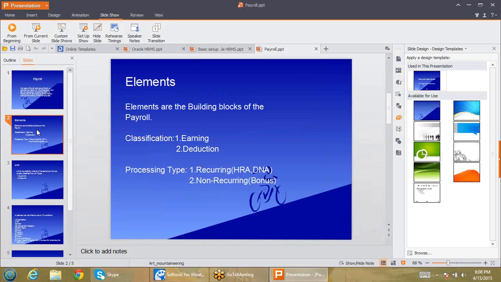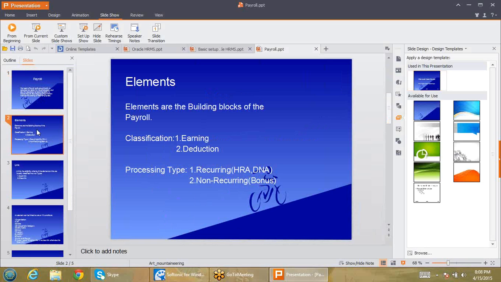Processing type means there are two processing types: recurring and non-recurring. Recurring means every month whatever salary you get, HRA, DA, this is salary. Non-recurring is bonus; many companies give yearly gifts or bonus to employees. Recurring is fixed every month.